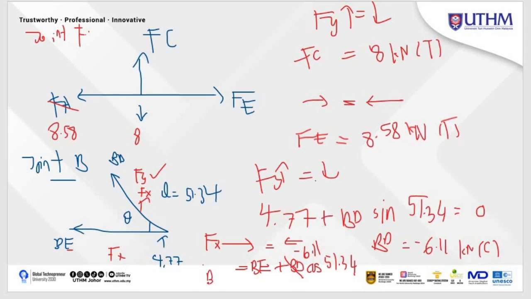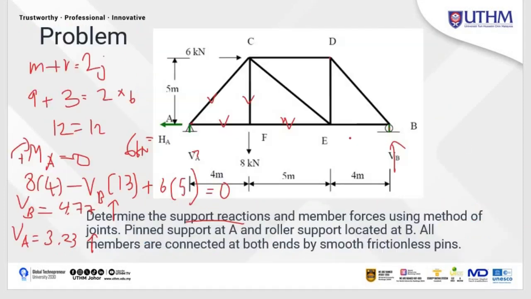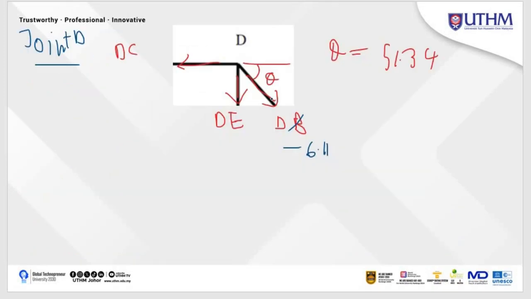So we will have the member force of BE is 3.82 kilonewton, which is in tension. Now we are done with BE and also member force BD. So next we can choose joint D. If you look here, we already found the member force for DB. So DC and DE we need to find.